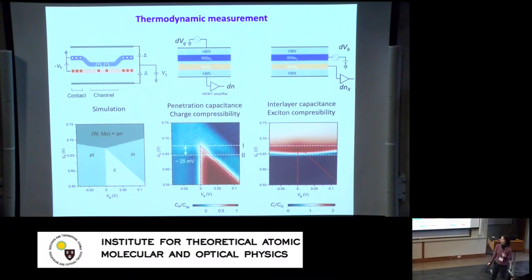So that means I have exciton binding, and I can read from this plot that the binding energy is on the order of 25 millielectron volts. And this value can be varied by varying the thickness of the hBN between the two layers, we can change this from a few millielectron volts to about 200 millielectron volts by pulling those two layers further away from each other.